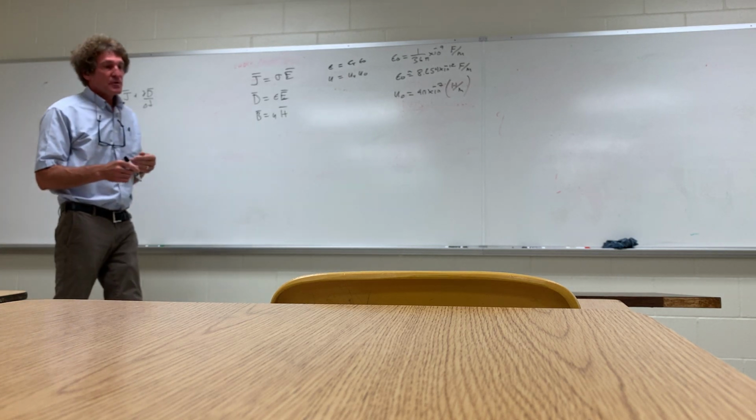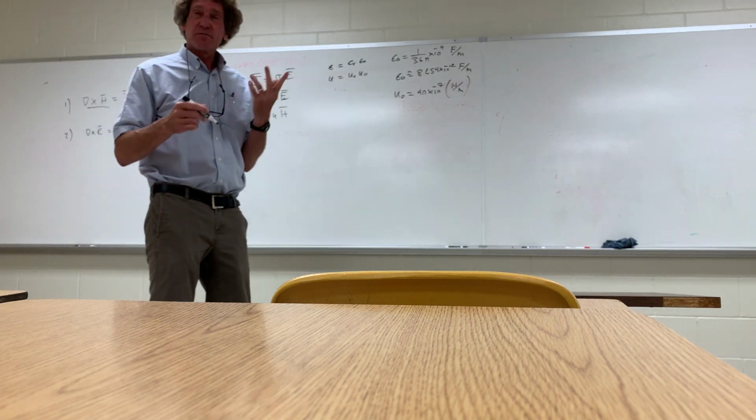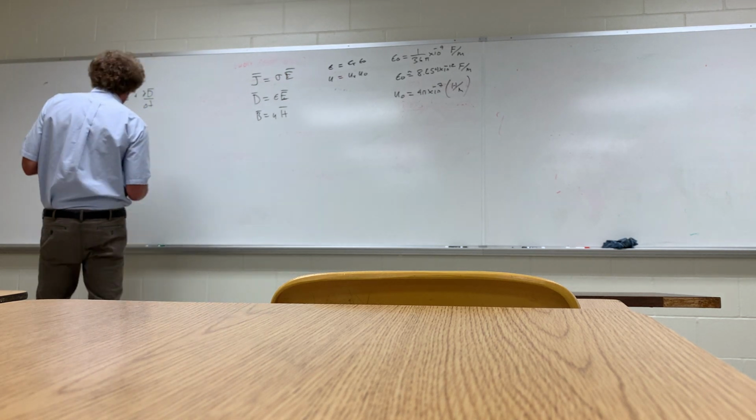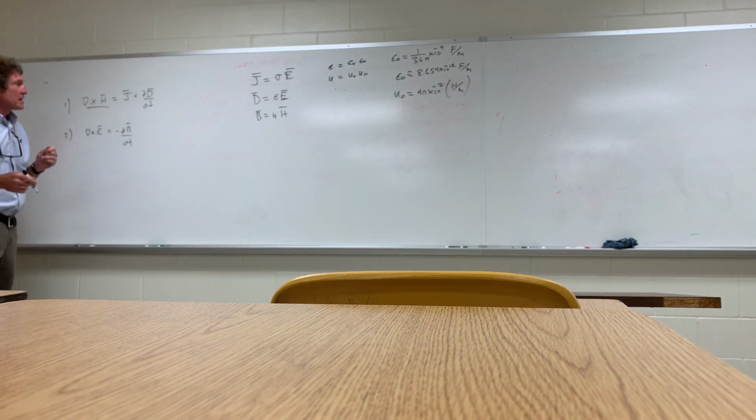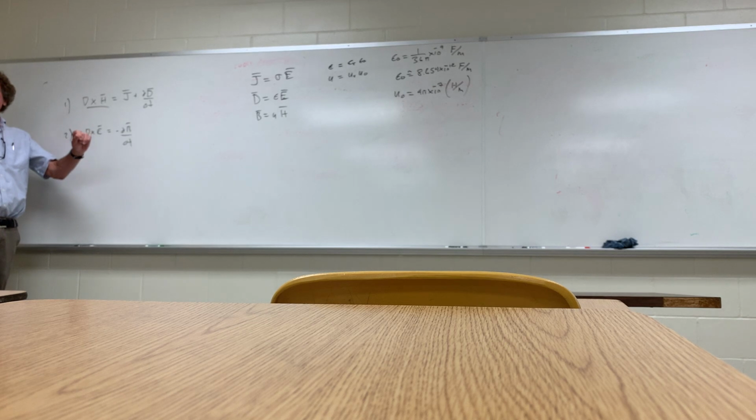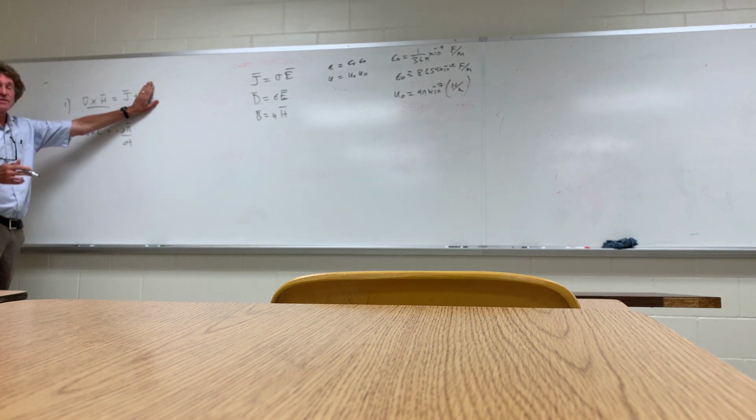So what we're going to do now is take those equations, and I want to make one really important comment here. When you have magnetostatics or electrostatics, there's no time variation. That term's not there. Then you get curl H equals J. Y'all remember that? That's where you use Ampere's law.